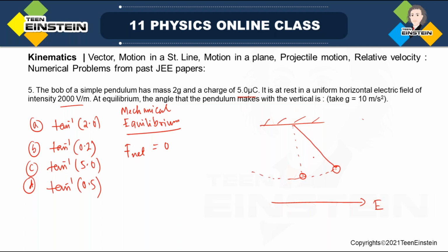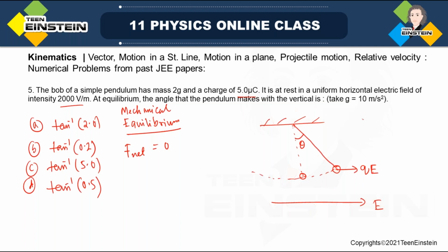So look here, what are the forces? Let us first try to understand. Suppose this angle is theta. This is the angle we have to find out. So the pendulum makes an angle theta with the vertical. Let us suppose that at this position it is in equilibrium, and there is a force qE along the horizontal direction.